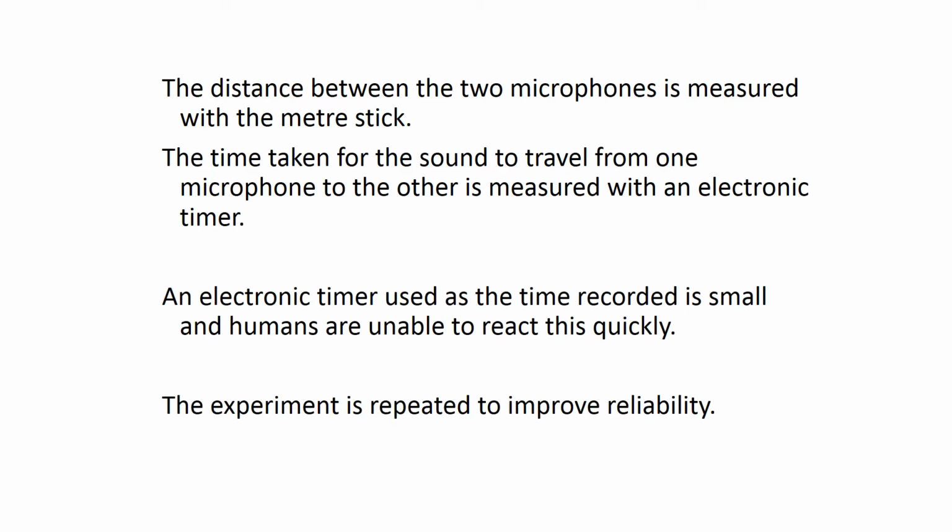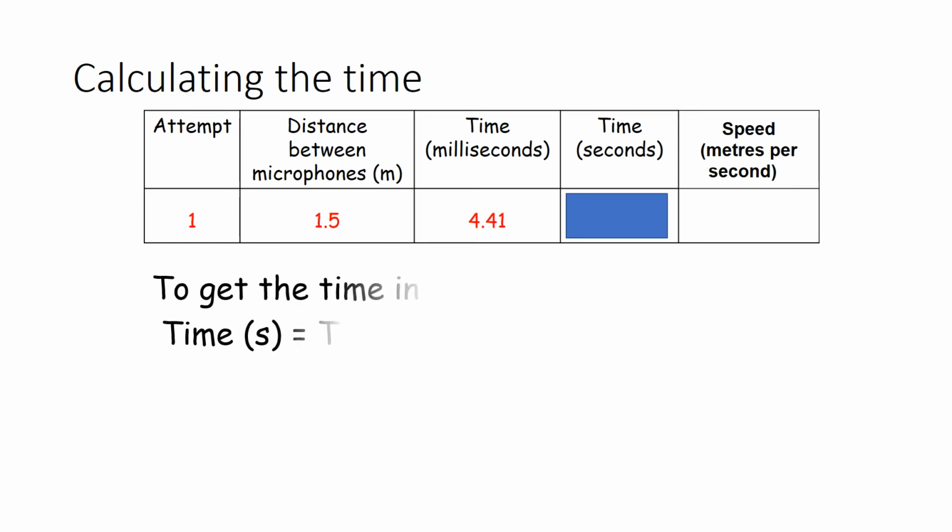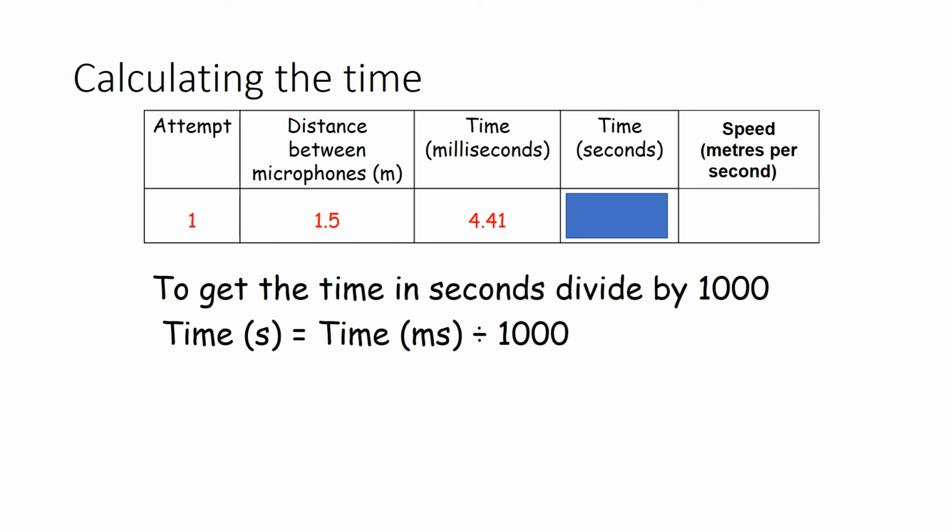We repeat the experiment to improve reliability, which is what we do for all experiments. Let's say on our one attempt we got a time of 4.41 milliseconds. We need to change that from milliseconds to seconds by dividing by 1000 or multiplying by 10 to the minus 3.